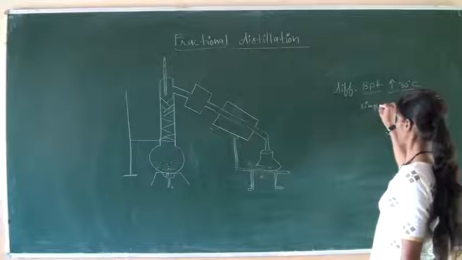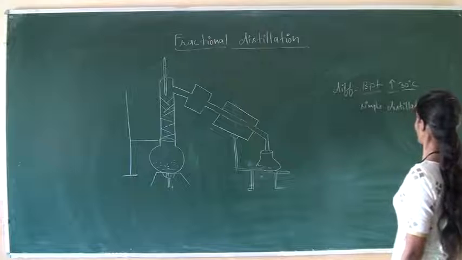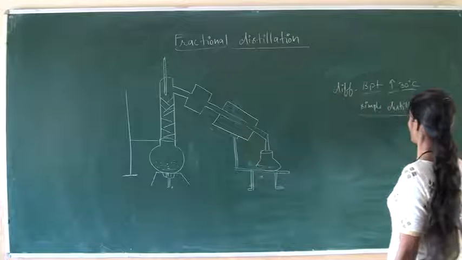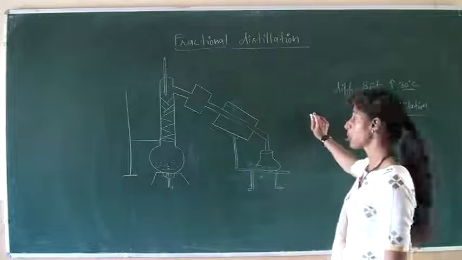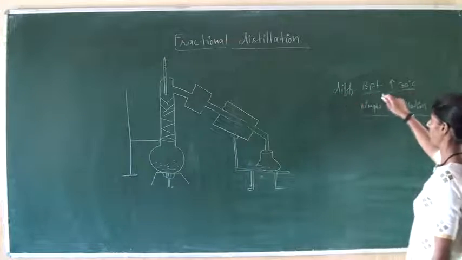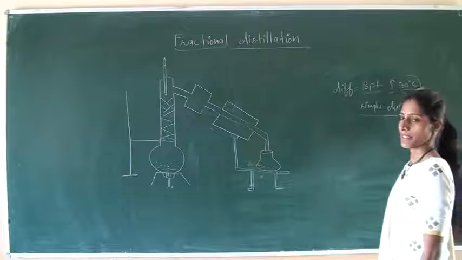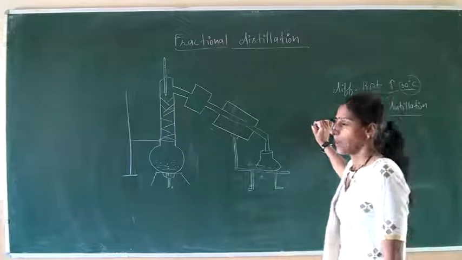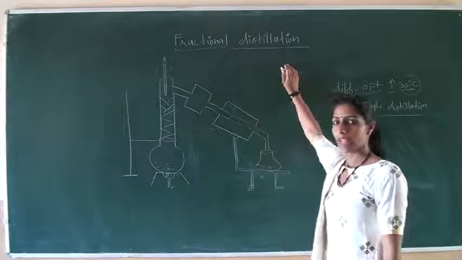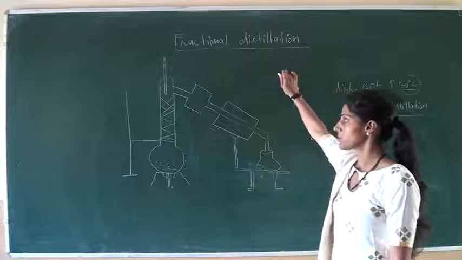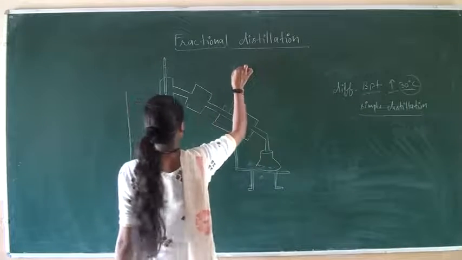Simple distillation method is used to separate two miscible liquids whose difference in boiling point is greater than 30 degrees Celsius. Okay? But fractional distillation method is another method which is also used to separate two miscible liquids.